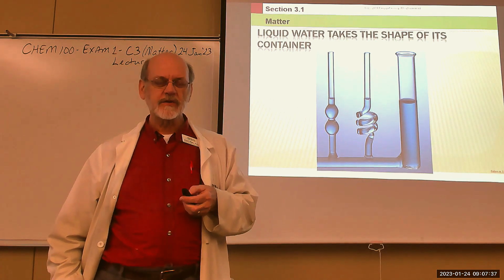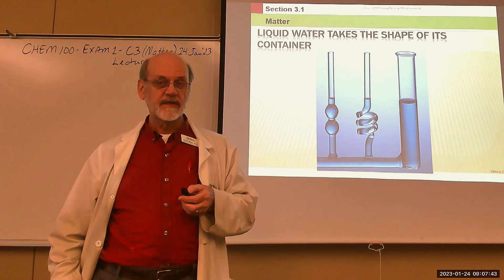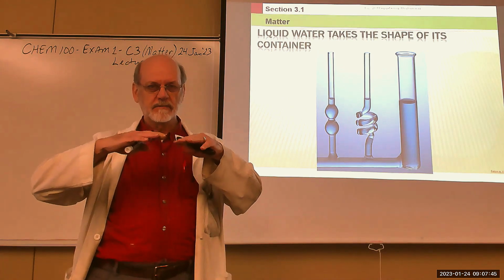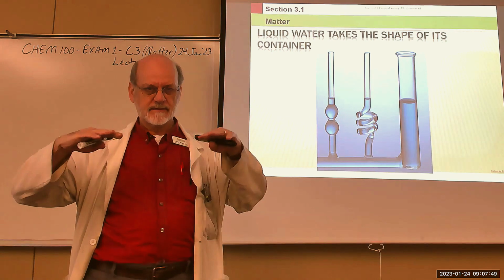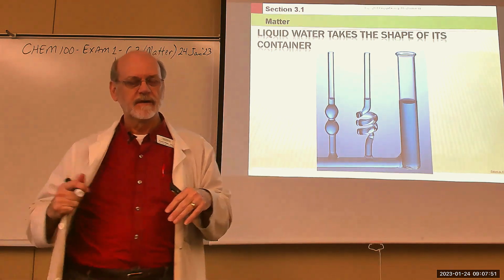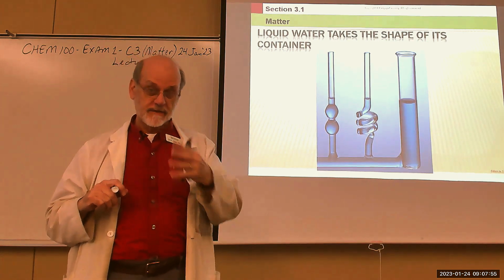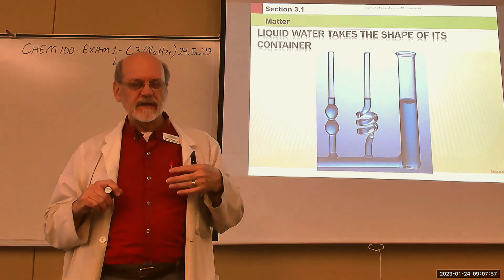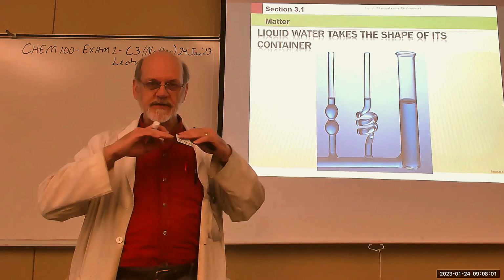Another interesting characteristic of liquids is that no matter what the shape of the vessel, they always maintain the same height in the vessel. So if you have a liquid, in this example, the liquid is distributed among 3 different shapes, and they're all at the same level.